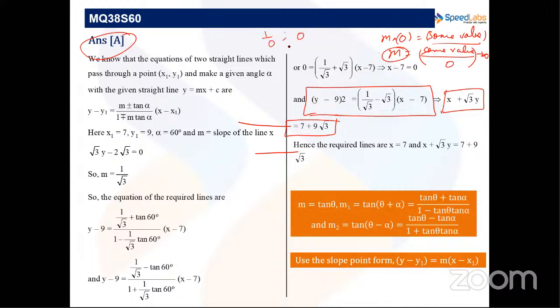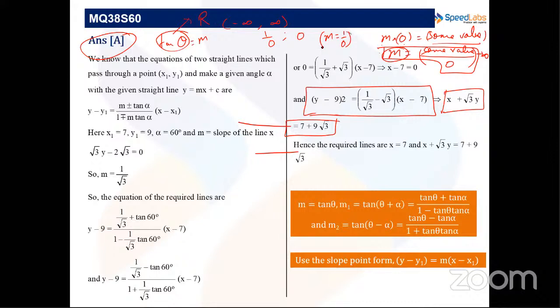We have tan theta as slope, and tan theta acquires all real number values from minus infinity to plus infinity. So you should not neglect this. If you are getting m into 0, write m equals 1 by 0 and solve the equation.